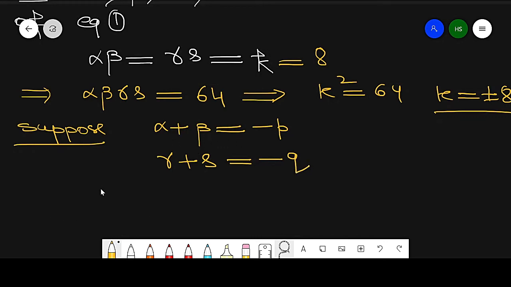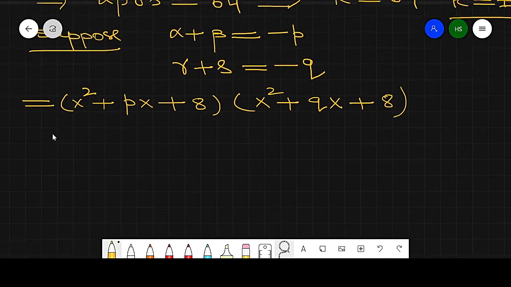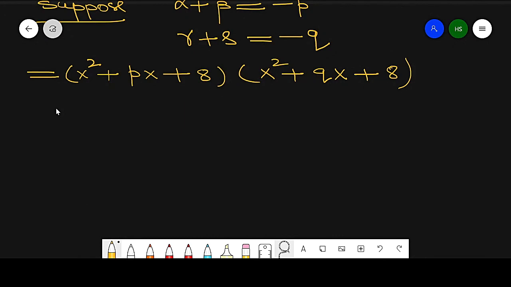Now we get two quadratic equations. One is x square plus px plus 8, second is x square plus qx plus 8, right? So this product is basically equation number 1.